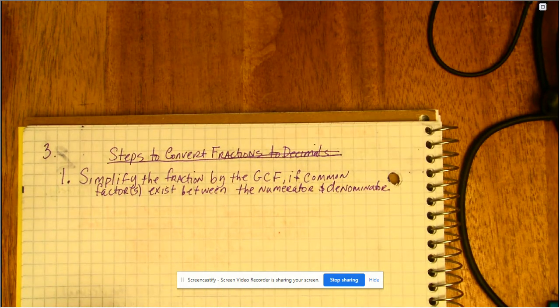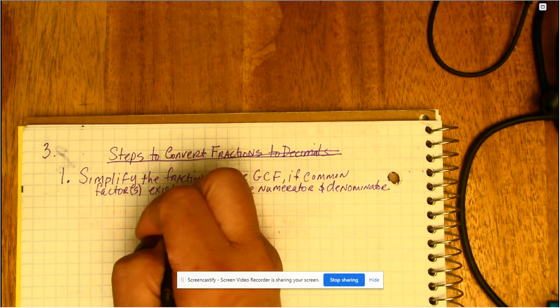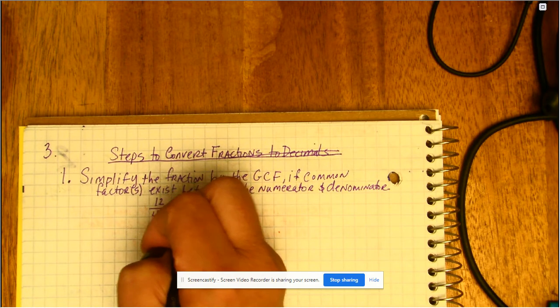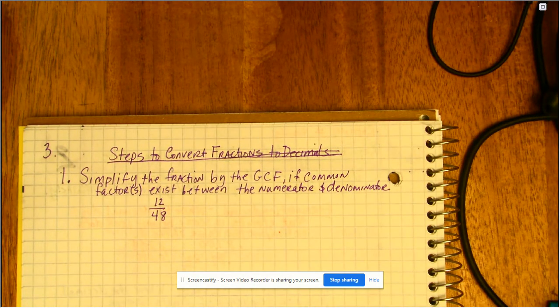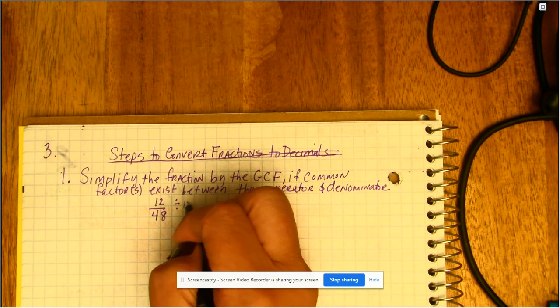And this is so that we can be a little bit more precise in our multiplication and our division, and it kind of eases our time. So for example, if I was given the fraction 12 over 48, I know that both 12 and 48 are even numbers. They're certainly divisible by 2. But is that its greatest common factor? I don't think so. In fact, 12 is the greatest common factor.